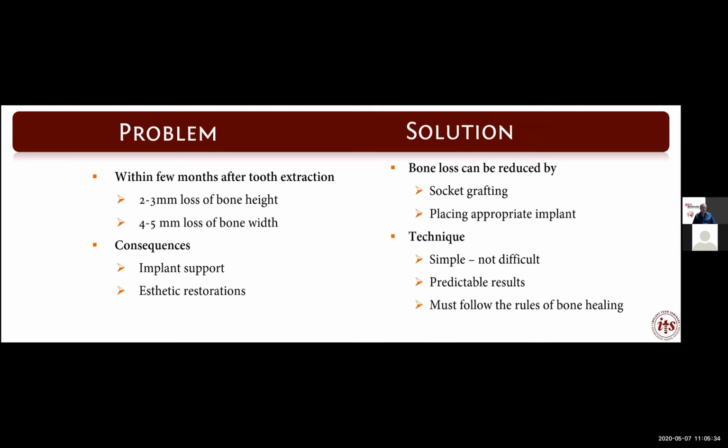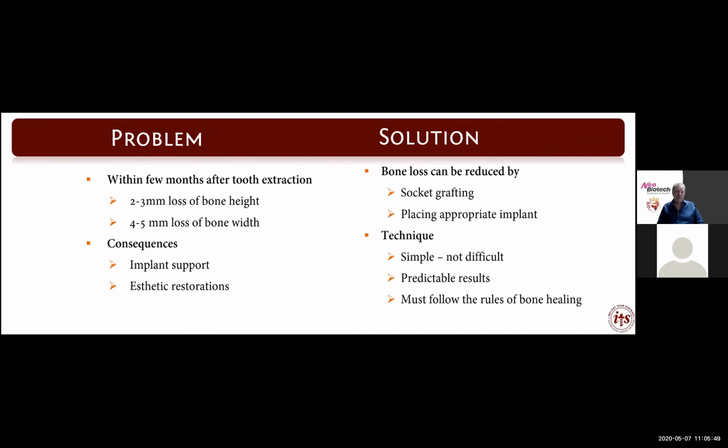It is well established in the literature that in the first few months following tooth extraction, more than 2 to 3 millimeters of ridge height and 4 to 5 millimeters in width may be permanently lost due to resorptive nature of the healing process. The permanent loss of this supporting alveolar bone is not easily replaced and has severe consequences in terms of implant restorations. We know that bone loss can be reduced by socket grafting and or placing an appropriate implant.